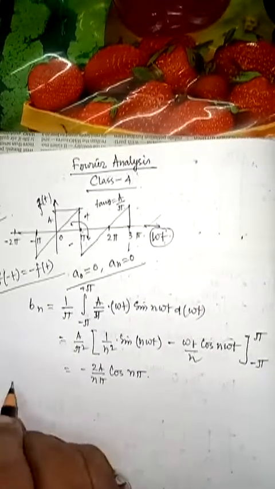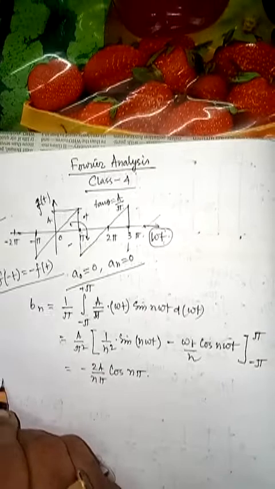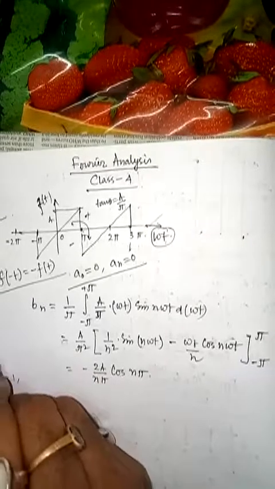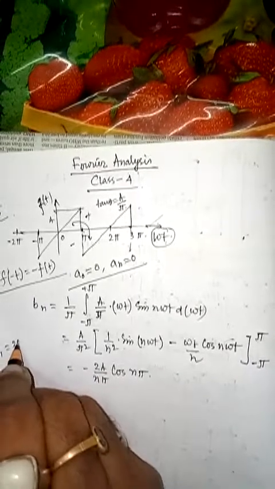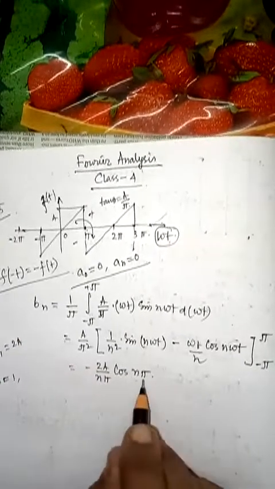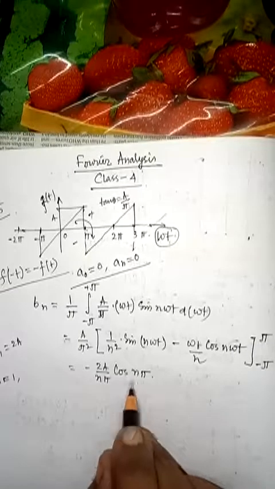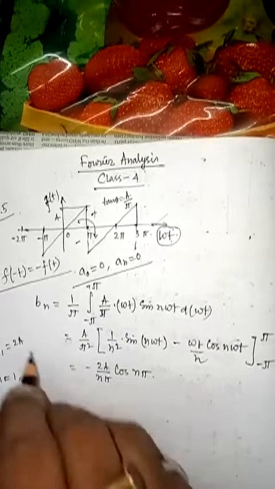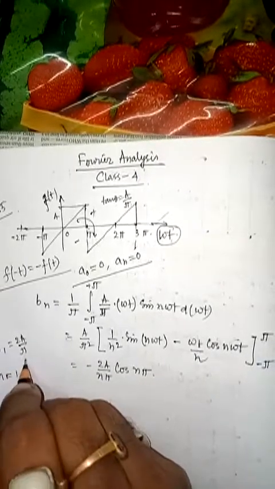Now you have to find in the same way, for n equals 1, what is b1? Here it is 2a by n, and n equals 1, so cos pi equals 1, so it is 2a by pi. What is b2?